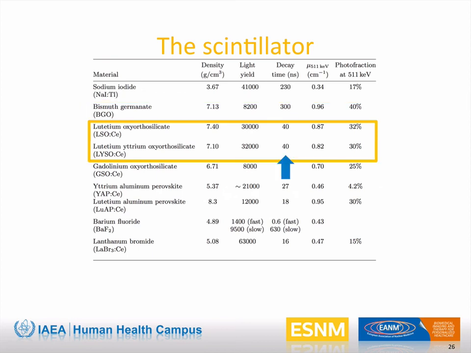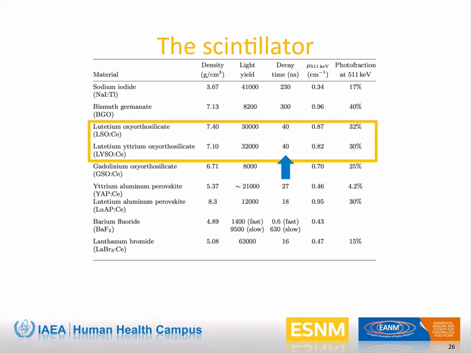In recent years, BGO has been replaced by lutetium-based scintillators, and in particular by lutetium oxyorthosilicate, or LSO, doped with cerium, or lutetium yttrium oxyorthosilicate, or LYSO, again doped with cerium.